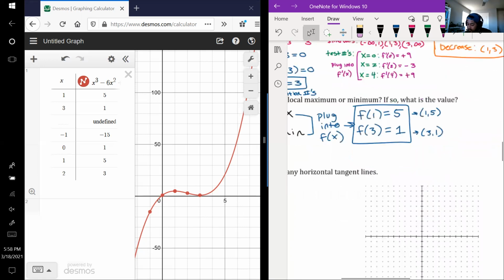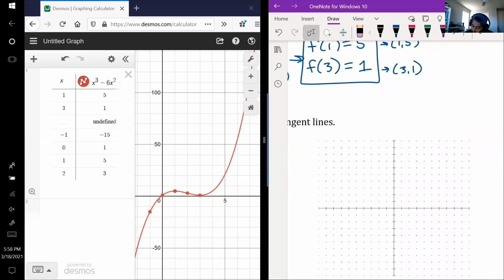So I'm going to plot the points (1, 5) and (3, 1). All right. 1, 5, which is 1, 2, 3, 4, 5 right there. And I'm going to mark that as a 1. And then the next point is (3, 1). 1, 2, 3, there we go. And here's 3.